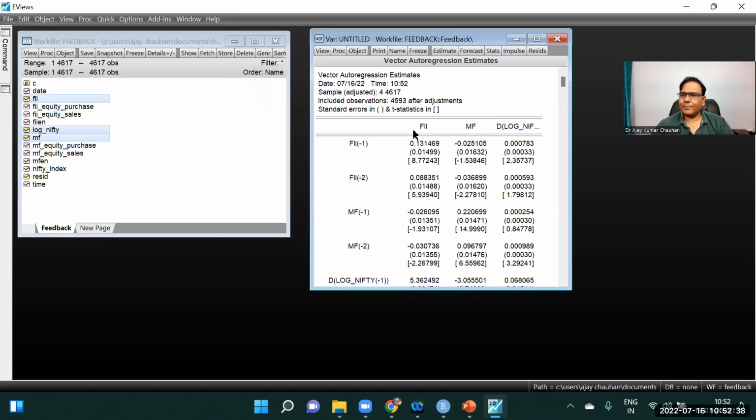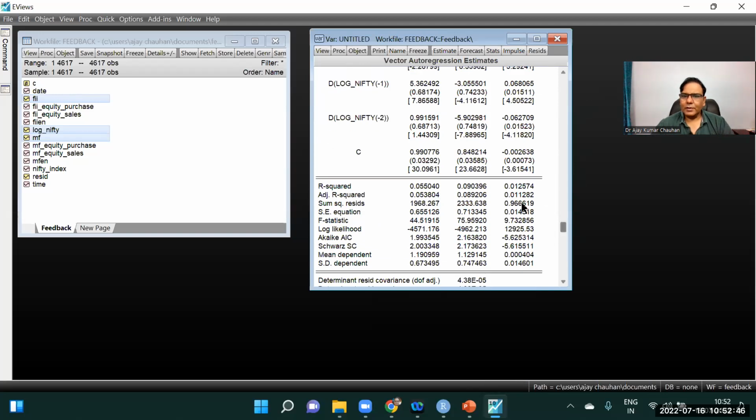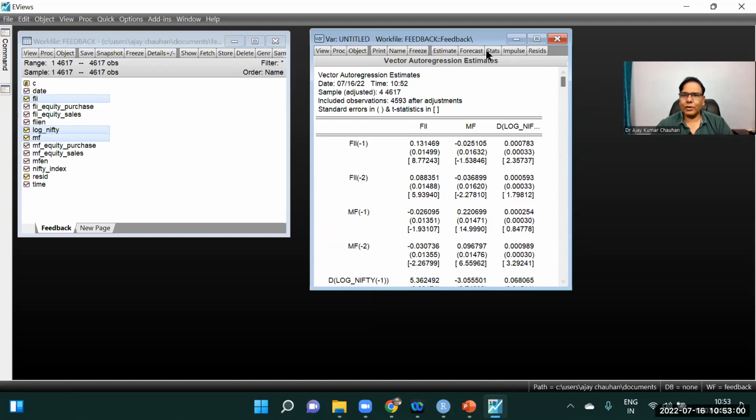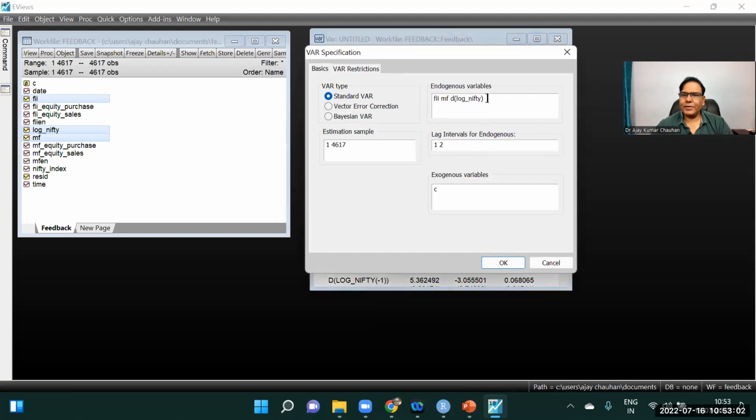The second step is to identify the order of the variables. If I take the R square, this is 5%, 9%, 1%. So Nifty should come first, this second, and this third. According to the ordering, Nifty is most exogenous.